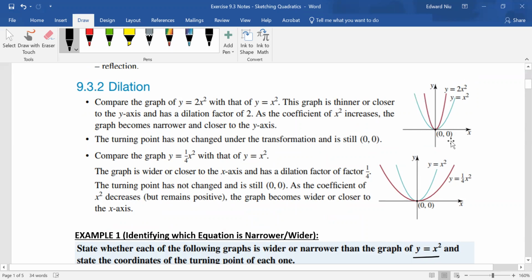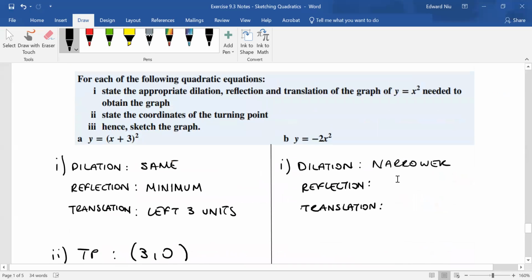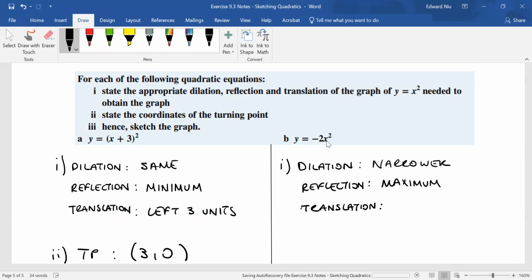A coefficient larger than 1 or smaller than -1 will make it narrower. So here we've got a dilation that's narrower. The reflection is now a maximum, so an unhappy face because of the negative. And then the translation, well, none. Doesn't go up or down.